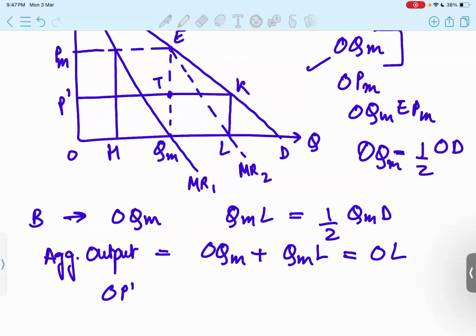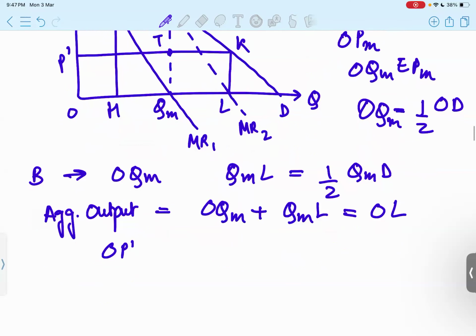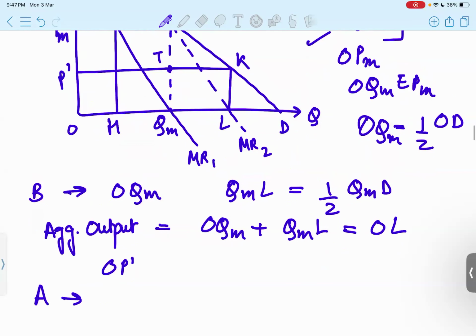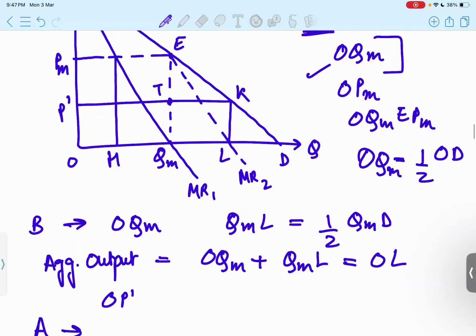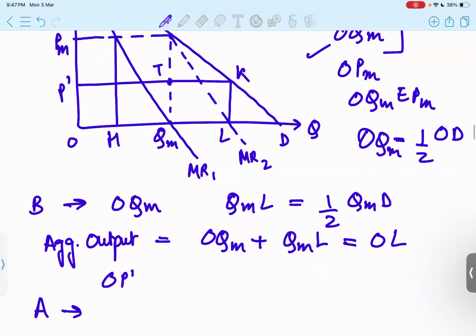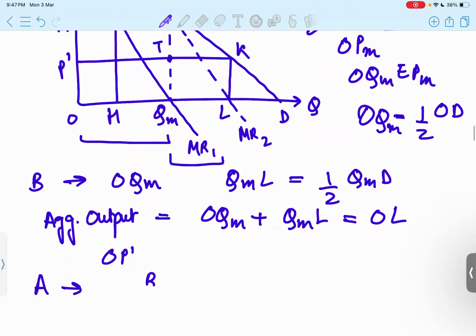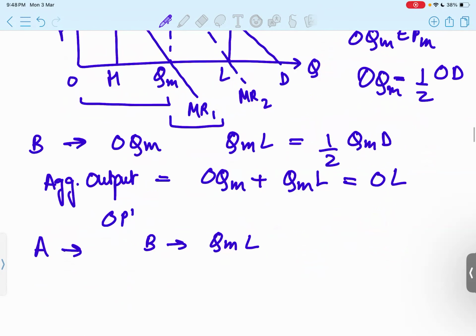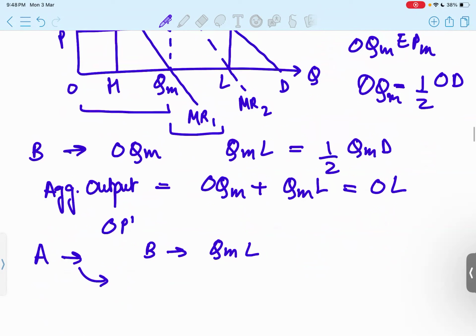Now we say that this is a learning model. In the turn of decision making by firm A, it learns that since its profit has fallen, it needs to consider what options are available to maximize its profit again, as was happening at the monopoly price level. So firm A is producing this level now, and firm B is producing this much. Given that firm B is producing QML, now A will produce half of that, which is OH.